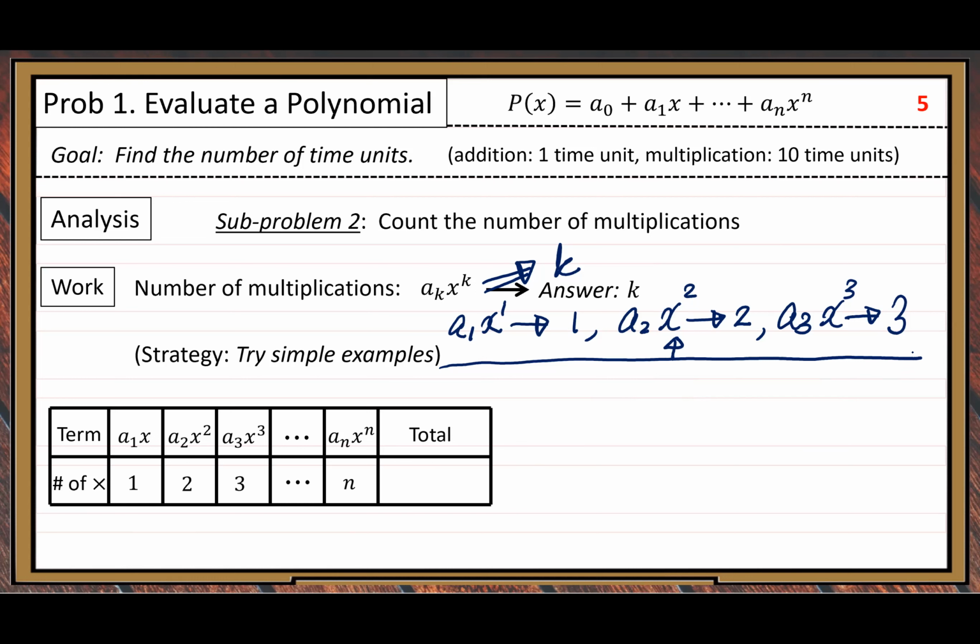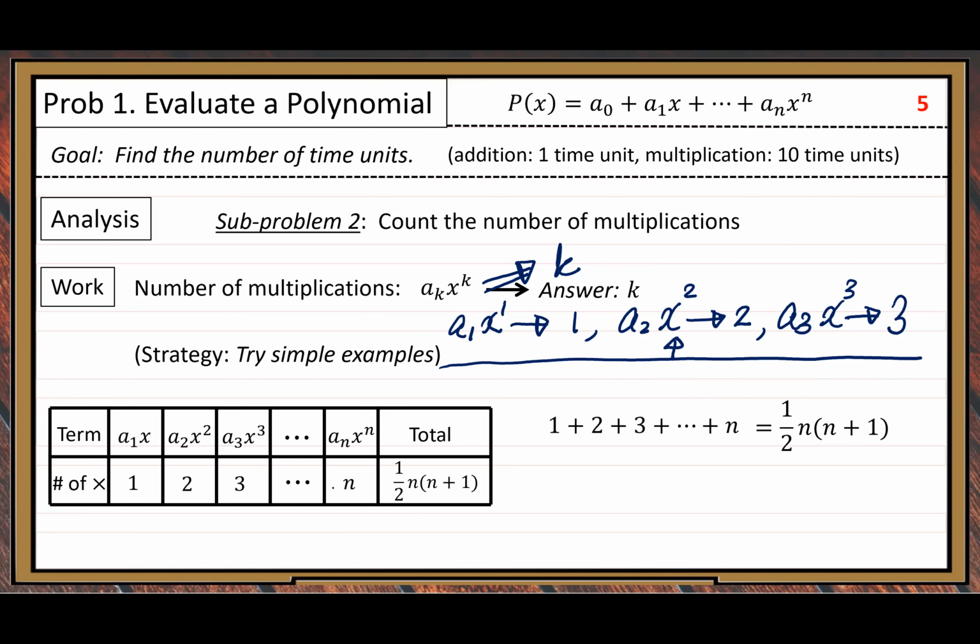The last thing we need to do, in order to calculate the number of time units, is find the total number of time units. Here, let's count the number of multiplications in this small chart. The first, the A1 x term, 1 multiplication, so we put it in the second row. The total, we need to add all these numbers up by some formula.